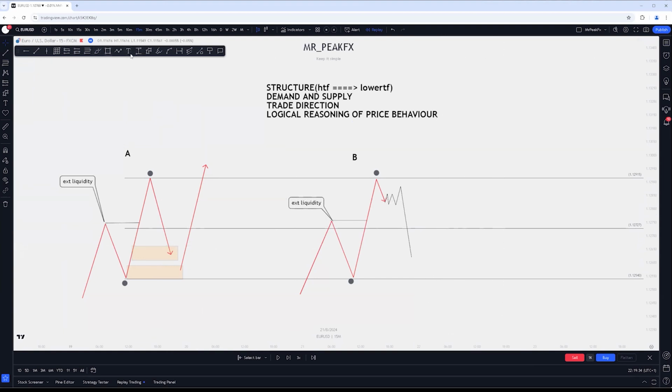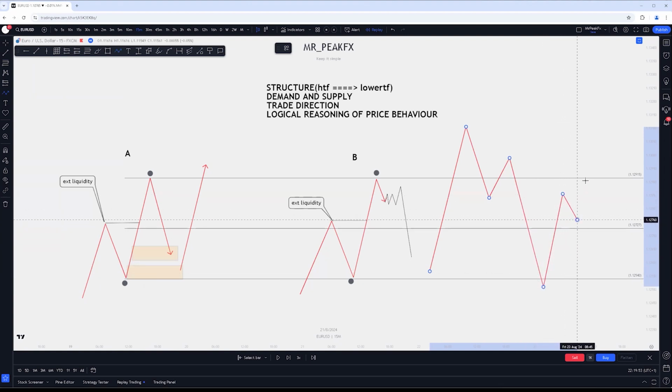Let's say I have a diagram like this. Price has traded, for example, lower, and price is now coming towards this area, like maybe price is strongly bullish. Price has taken this liquidity up here.